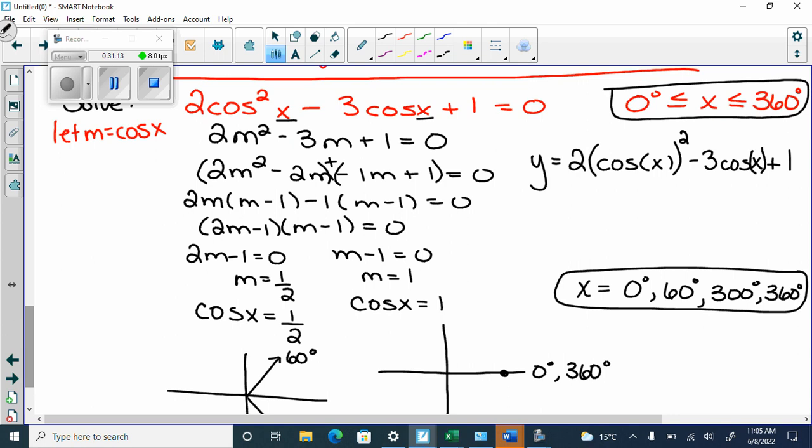So can you press the window, guys? Press window. What's your x minimum on your window right now? Check your mode. If it's 0.15 something, then you're in radian mode and not degree. Go to mode and press degree, please.